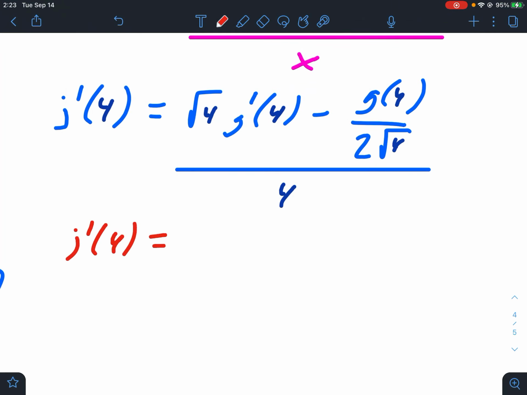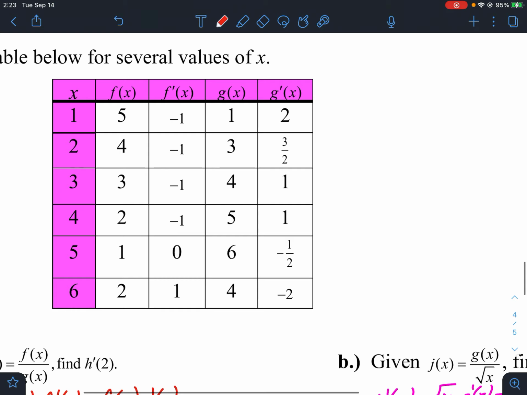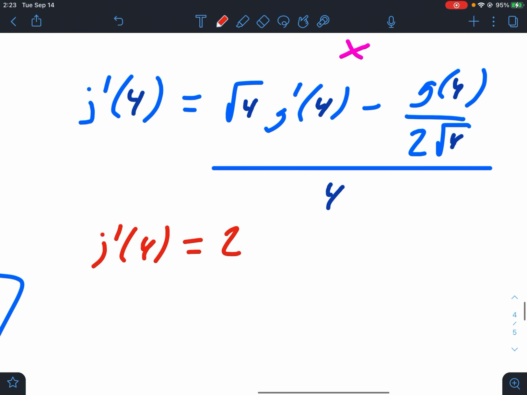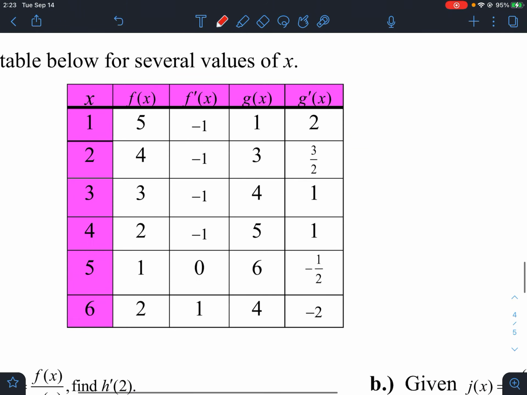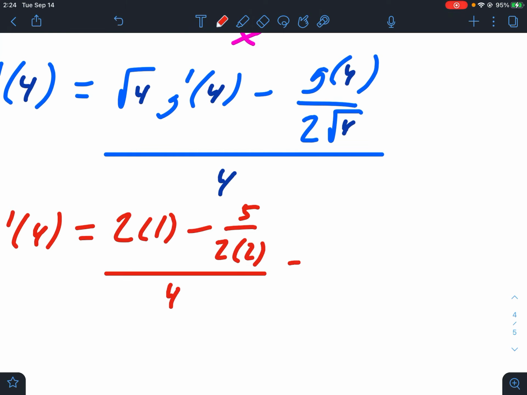So then j prime of 4 is 2 times g prime of 4. Look at our table here. G prime of 4 would be 1, minus g of 4. G of 4 would be 5, over 2 root 4, which is 2 times 2, all over 4.